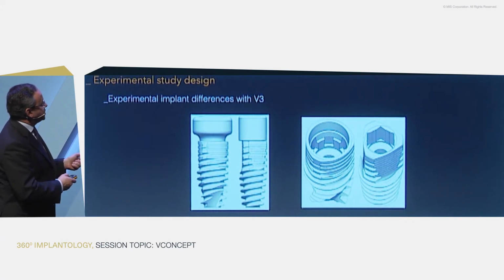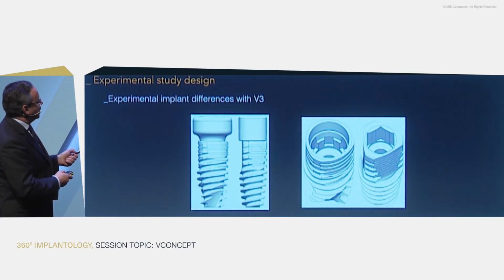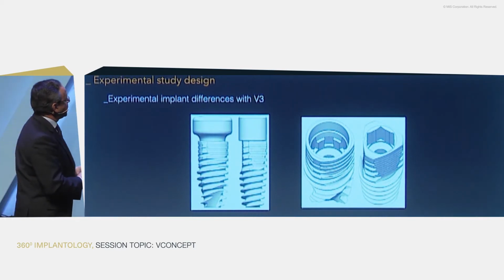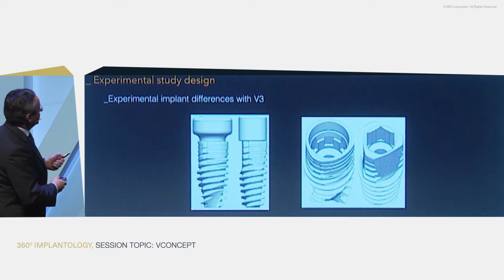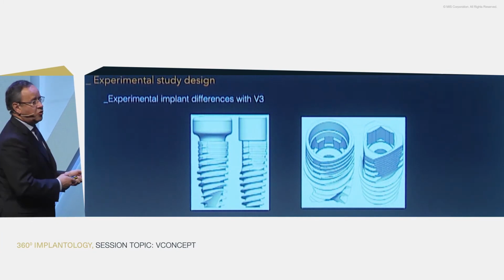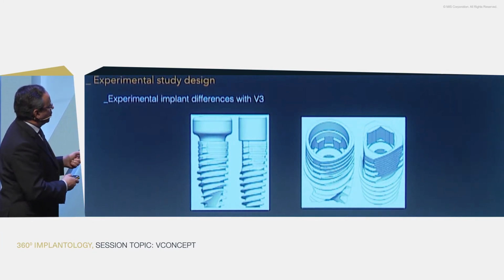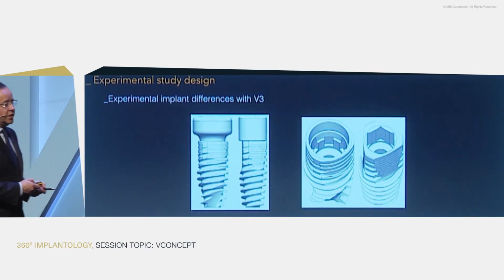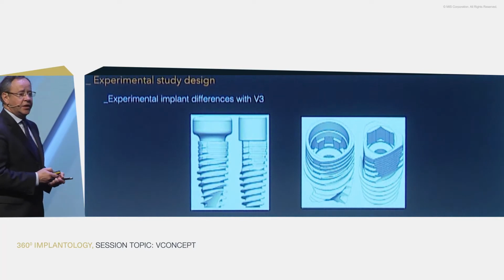Also, you can see the prototype we used had an internal hexagon, while the implant that you use has the typical internal connection. Also, you see that the shaving of the coronal part was more accentuated in the prototype that we used than in the implant that is available commercially.